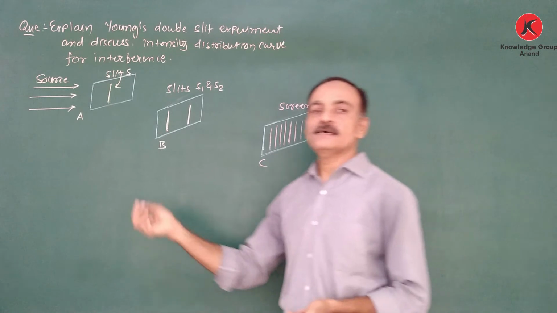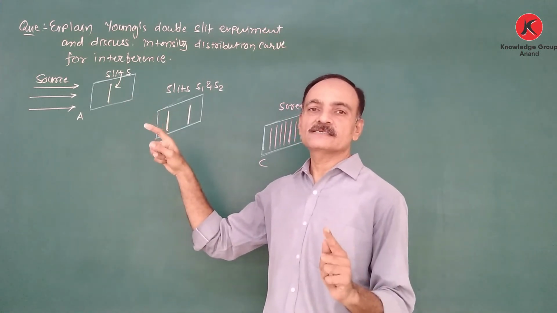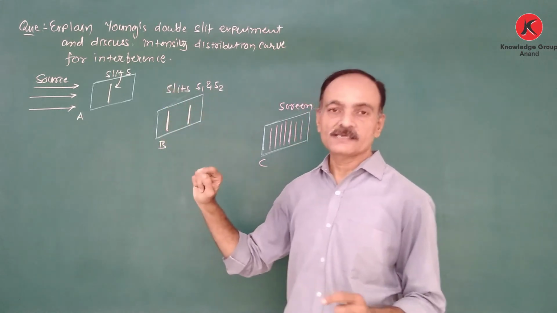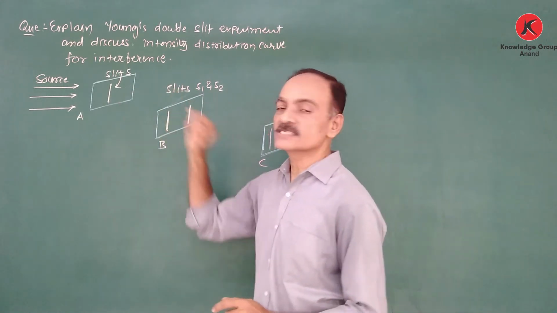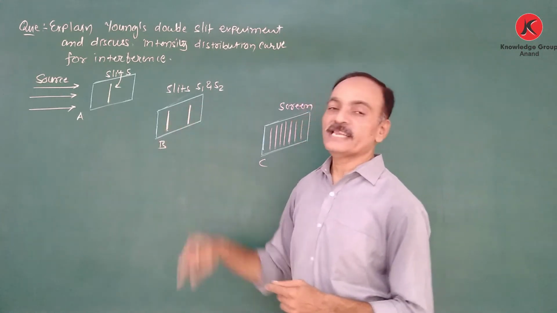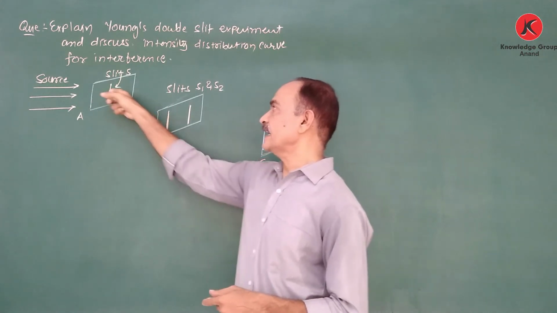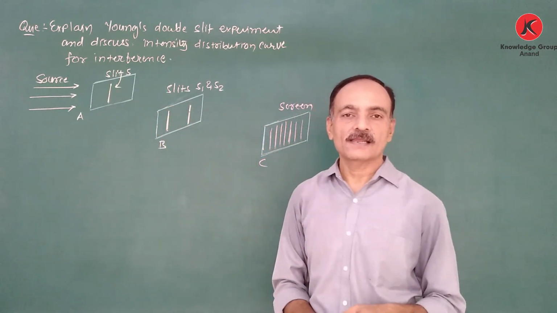As shown in the figure, Thomas Young, who performed this experiment, takes a slit S on screen A, and slits S1 and S2 such that SS1 and SS2 are equal.